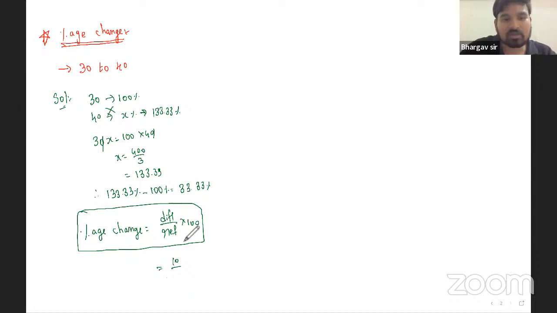What is the reference? 30, out of 100, right? 0 gone. 1/3 of 100 is 33.33%. So this is how we find out the percentage change. Similarly, if at all we want to find out a number going from 80 to 60, right? Now what is the percentage change?